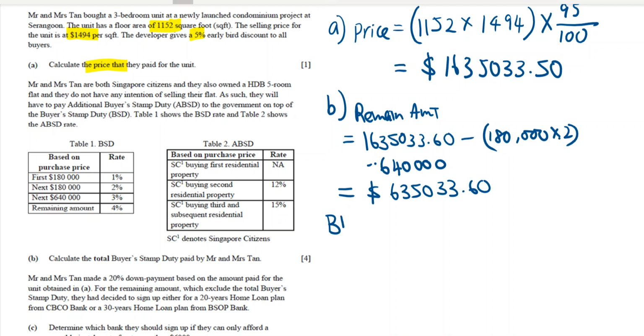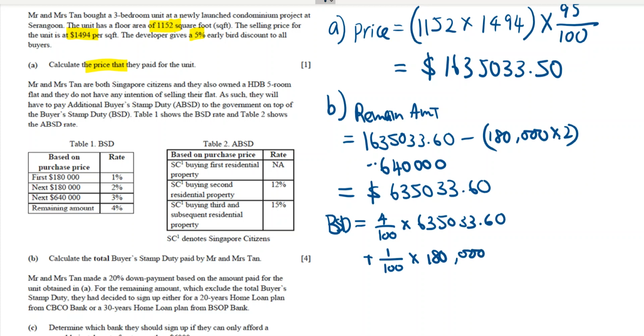So now in this case, I can find what is the BSD that he needs to pay, which is, let's do from the bottom, 4% of 635033.50 plus 1% of 180,000 plus 2% of 180,000, and then plus 3% of 640,000.